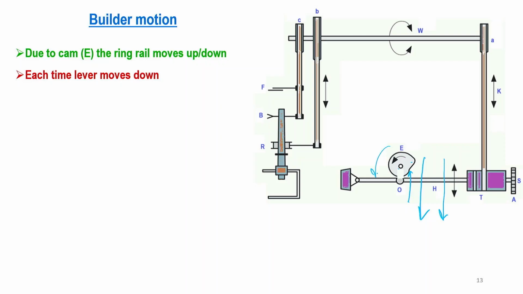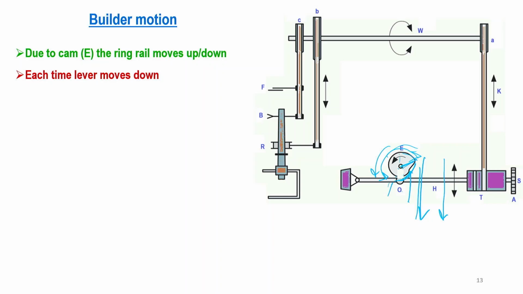As per this diagram, the cam is moving anti-clockwise. So, during this movement it is moving downward, and when it moves further, it is coming to the lower diameter. So, it moves downward going to the maximum radius, and during this time it is moving upward. So, that is due to the contact.